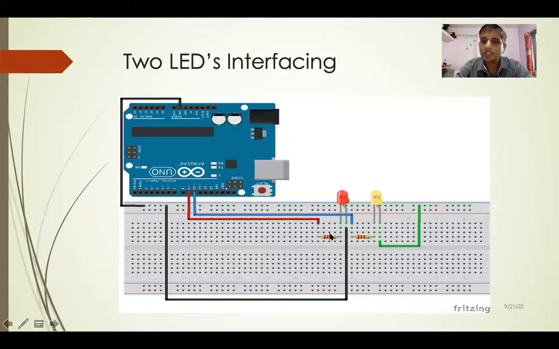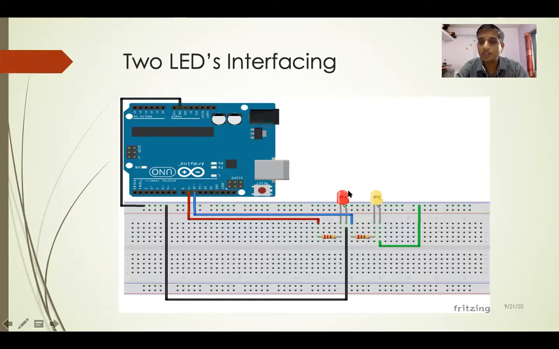Now in two LED interfacing, we have to repeat the same procedure that we have done. For the first LED and second LED, we require two resistors. But one thing is common here, the ground terminal. We require two grounds here.